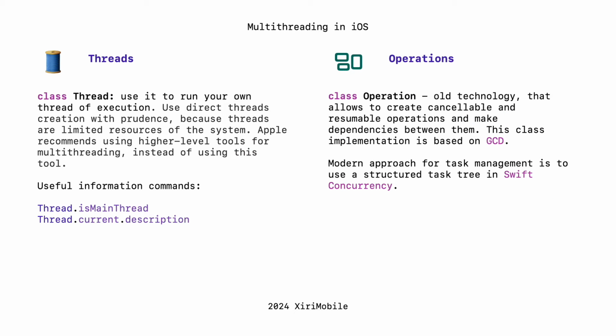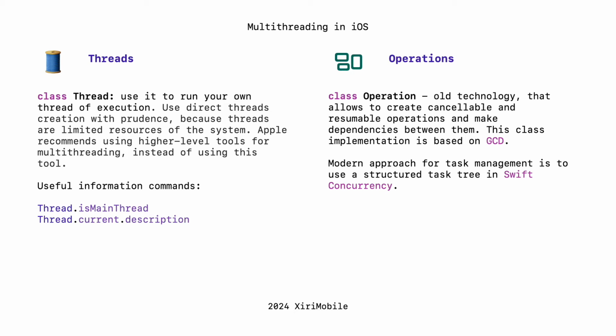Besides these tools, there are other ways of working with multithreading in iOS, such as the classes Thread and Operation. But they are quite old and not often asked about in interviews, so I'll give you only a general description of these classes. Use class Thread to run your own thread of execution. Use direct thread creation with prudence, because threads are limited resources of the system, and Apple recommends using high-level tools for multithreading instead of these.